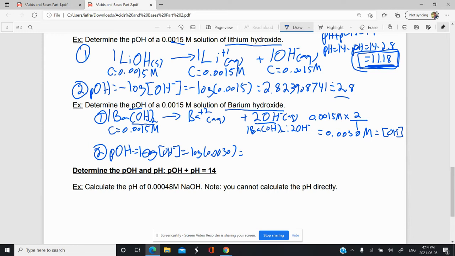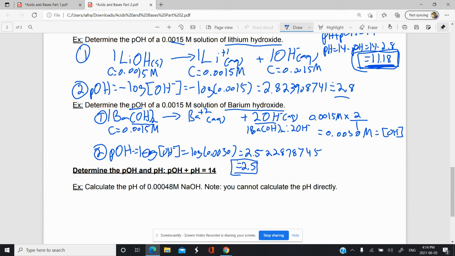That gives us about 2.52287875 for our pOH, which is approximately, to 2 sig figs again, 2.5. So that means since this is pOH, we still have a basic solution.